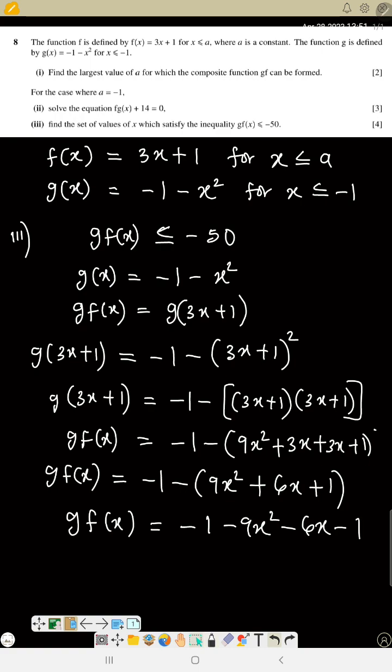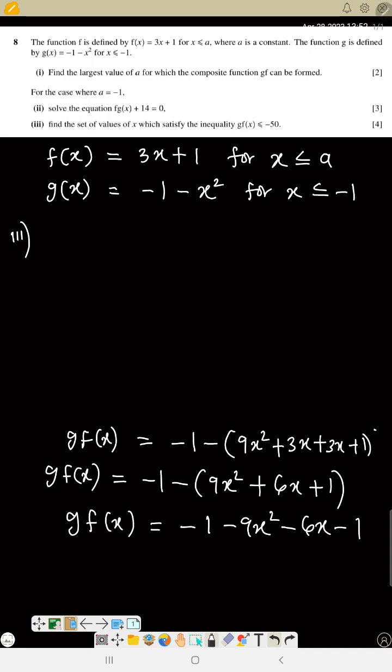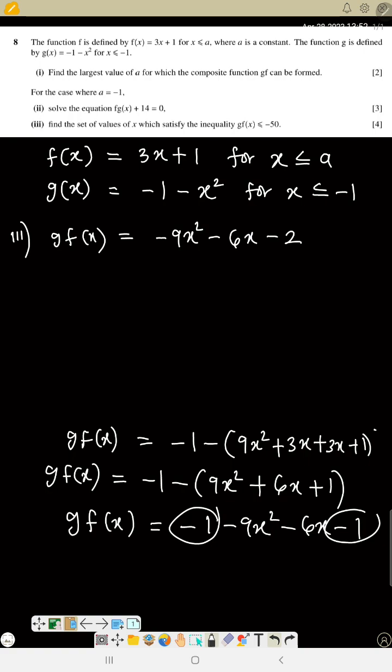I want to simplify further, so G of f of s is equal to minus 9s squared minus 6s minus 2. That is minus 1 minus 1, so minus 2.